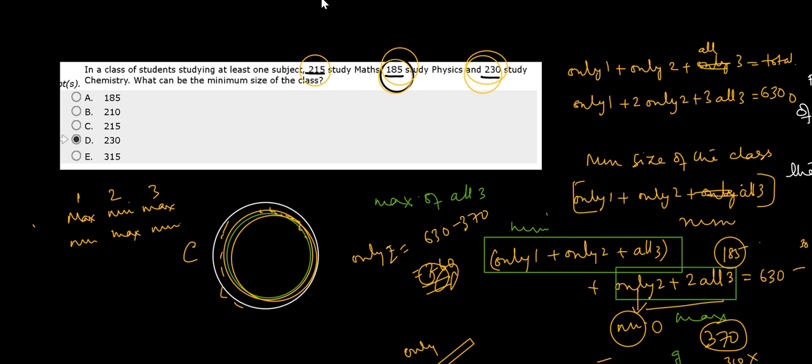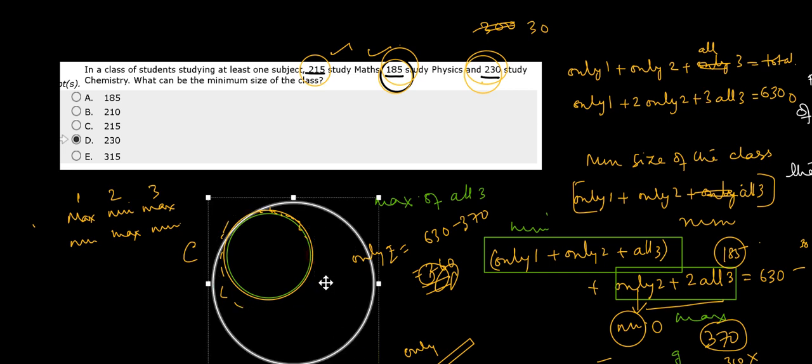They will be studying both chemistry and mathematics. So that would be 215 minus 185. That is 30, right? Only 2 would be 30, correct? Are you getting this? Yes, sir.